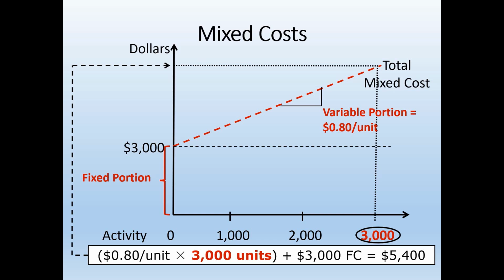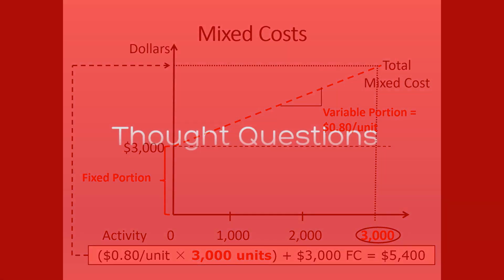So total mixed costs do increase as the activity level increases, but not in direct proportion to the activity level, because as the activity level increases, each unit carries a smaller portion of the allocated fixed costs.